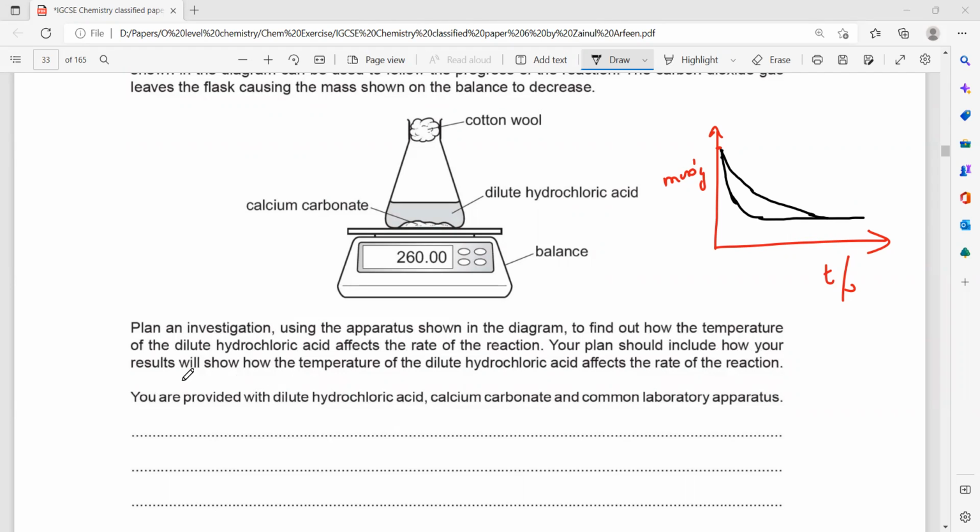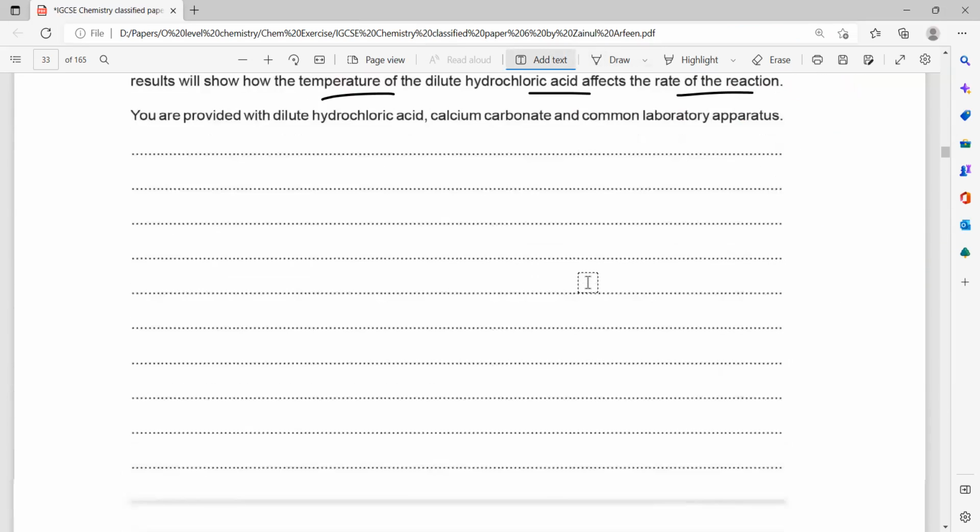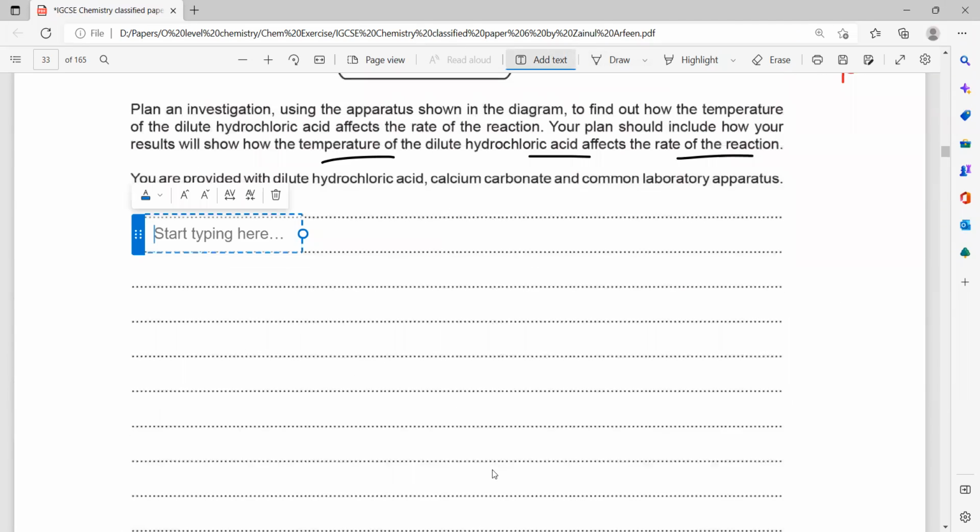Your plan should include how your result will show how the temperature of hydrochloric acid affects the rate of reaction. So the points we will mention here: we'll control variables. But you have to mention in terms of the experiment, and repeating the experiment is also a good technique.